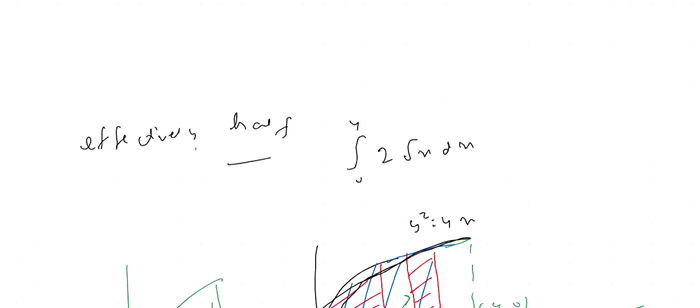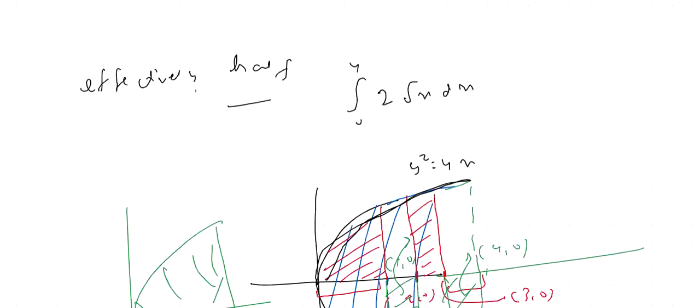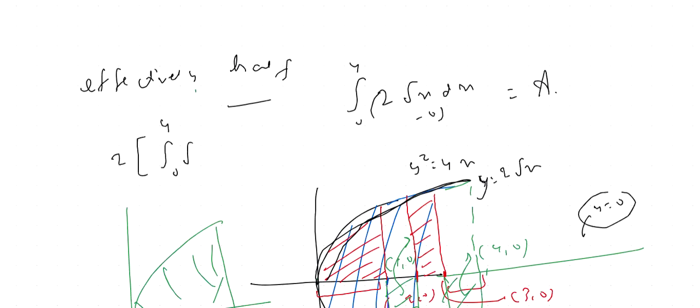minus 0. इस बाउंड्री को फिक्स करेंगे तो ये हो जाएगा y इक्वल्स टू 0, और ये हो जाएगा y इक्वल्स टू 2 root x. So minus 0 dx. So this will be the answer basically. So let us evaluate 2 times integration 0 to 4 root x dx.